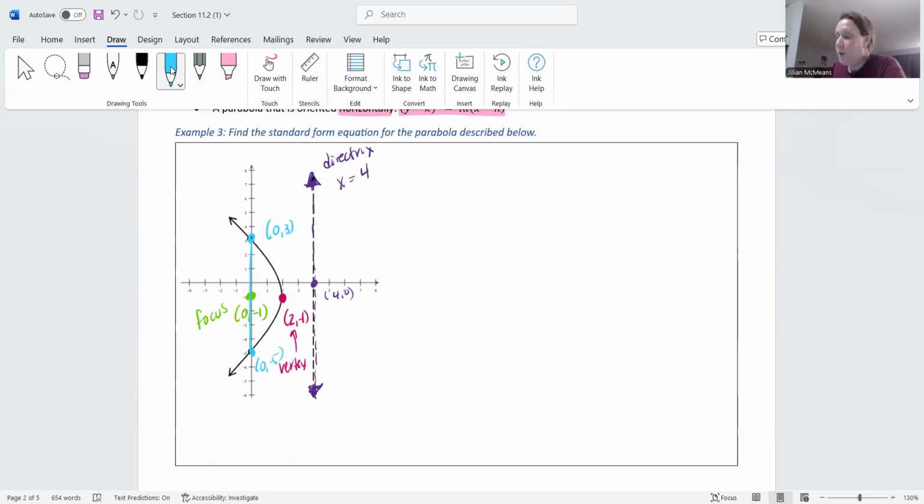What do we need? Well, we need to think about what the standard form of the equation would be. Notice here, we're definitely opening to the left. So because we're opening to the left, that means we are horizontally oriented.